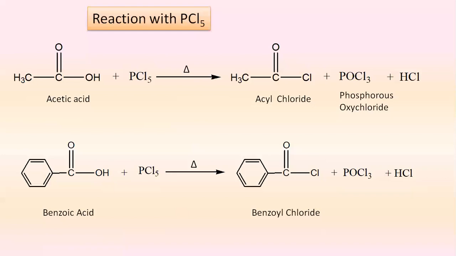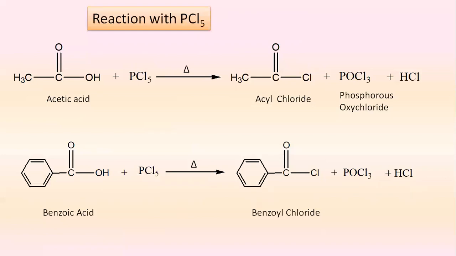When these acids react with PCl5, the formation of product is the same; it shows a similar type of reaction with PCl3, PCl5 and SOCl2. They form acetyl chloride, which contains the acyl group. The only change is that with PCl5, it forms the side product phosphorus oxychloride, POCl3. From the PCl5, phosphorus is removed in the form of phosphorus oxychloride, and one more side product here is HCl.